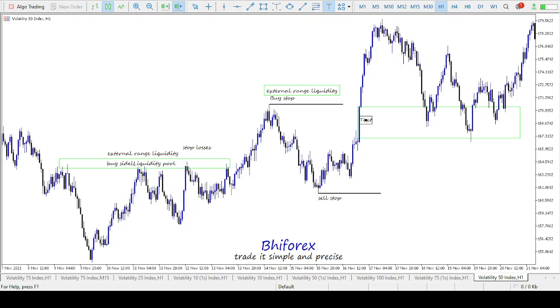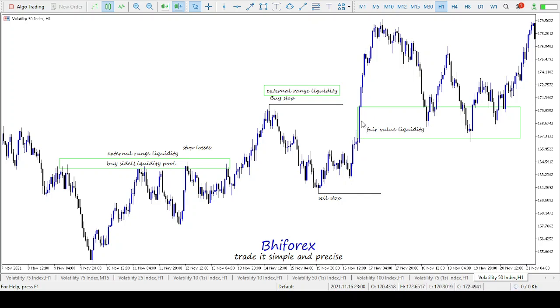Internal range liquidity. So I'm taking my time to explain all these concepts one after the other so that no one gets lost. This becomes a fair value gap, and it is expected that price should trade back into this fair value gap to fill up the gap.